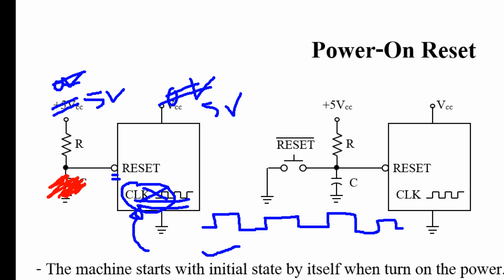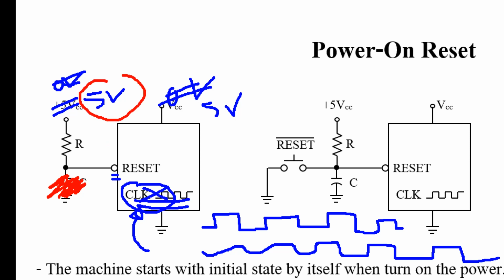It takes time before it becomes a perfect square wave. But when you apply 5 volt into the circuit, this point becomes 5 volt suddenly. That means when the clock signal is okay to tick, maybe this or this, when the clock ticks, this signal has already become high, so it cannot reset by itself.